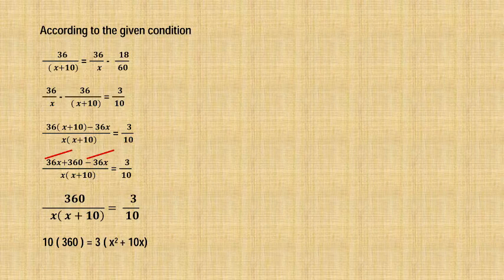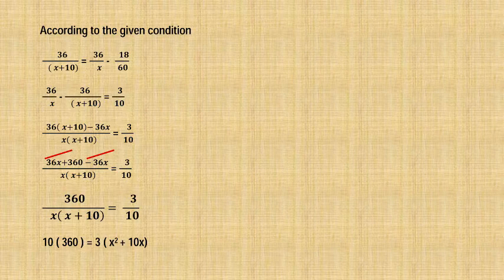This time is equal to 18 minutes less than the original time. So it is represented as 36 by x minus 18 by 60.